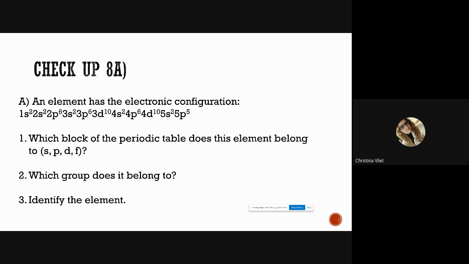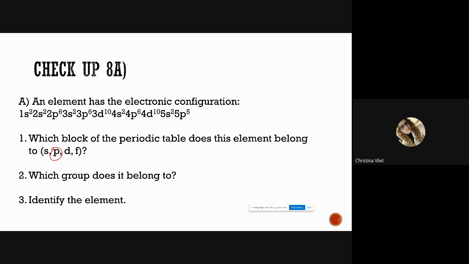Change the 4d to 3d. So, the block of the periodic table that this element is in is what? P. You just look for the last part of the electron configuration, and that tells you the area of the periodic table that that element is in. So, P.